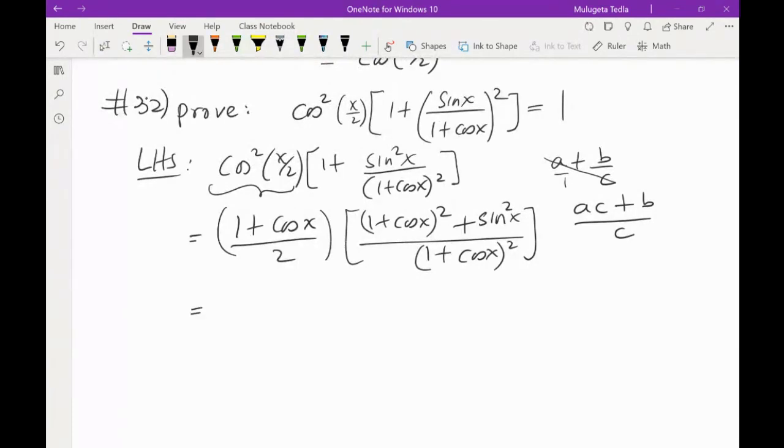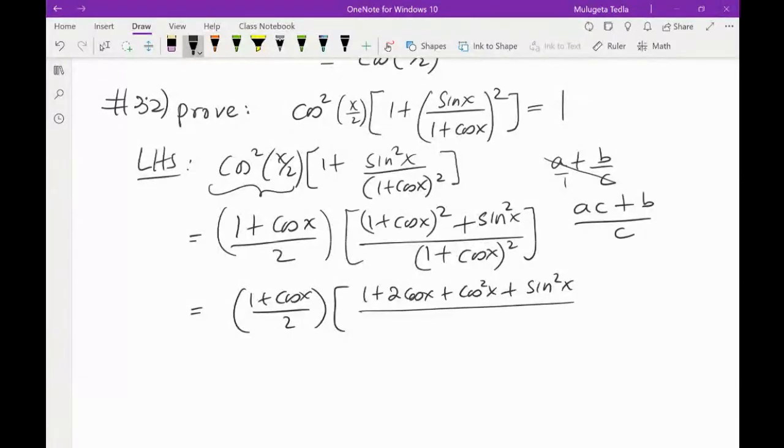So this is 1 plus cos x. I have to clean up on the inside. So this is actually what? I can FOIL the first binomial. So 1 plus 2 cos x plus cos squared of x, right? Plus sine squared of x.